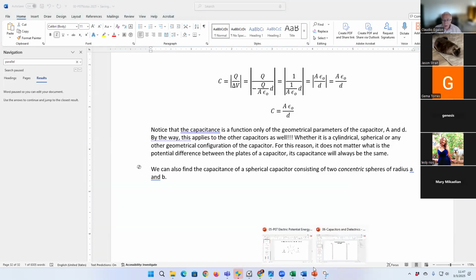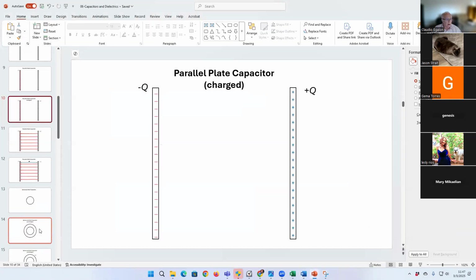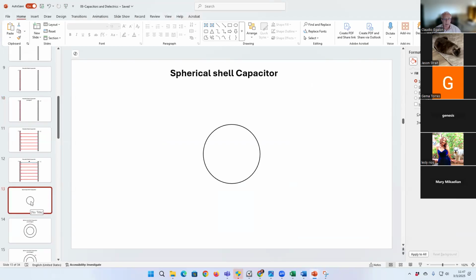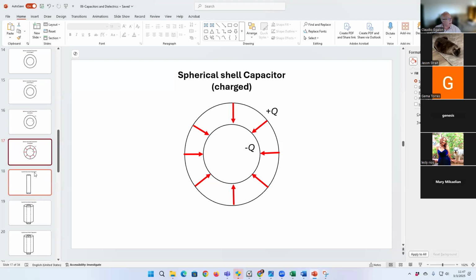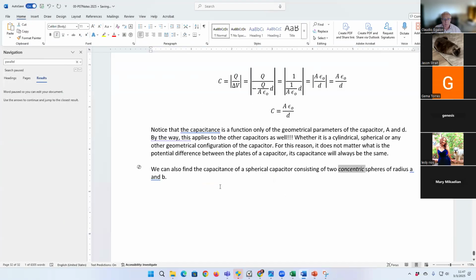So going back right here to my spherical shell capacitor. Here you go. I didn't put the, one is A, the other one is B. A radius, B radius. What's going to be the capacitance, the formula for the capacitance, okay? What is the formula for the capacitance of this capacitor, okay?